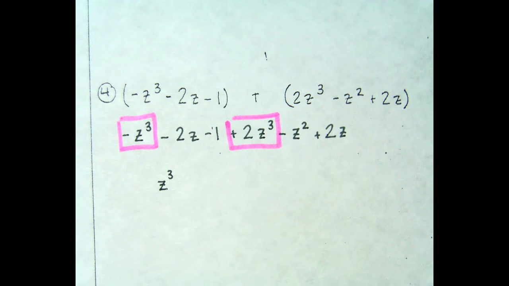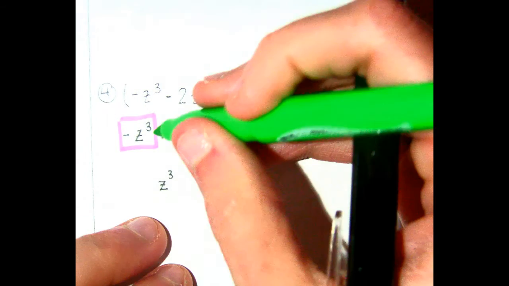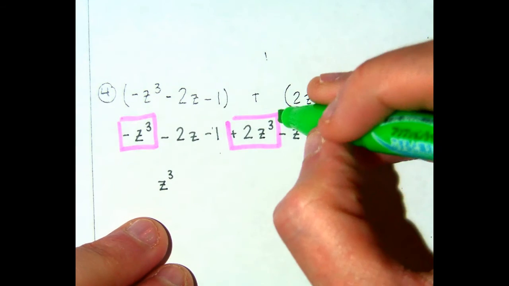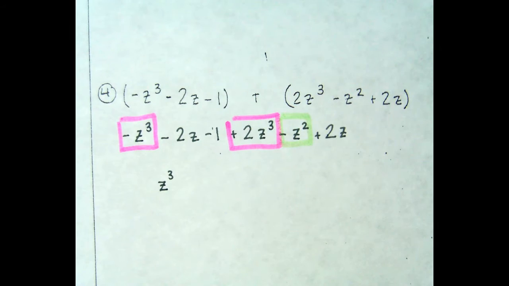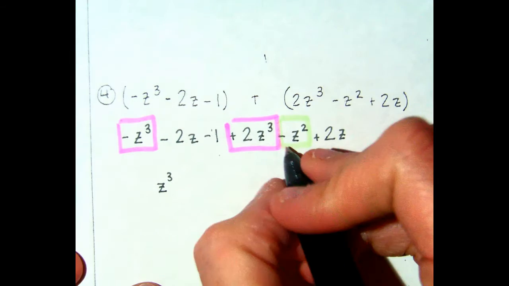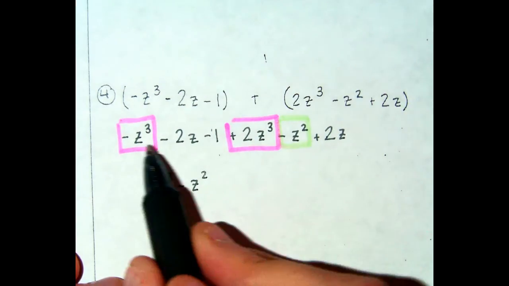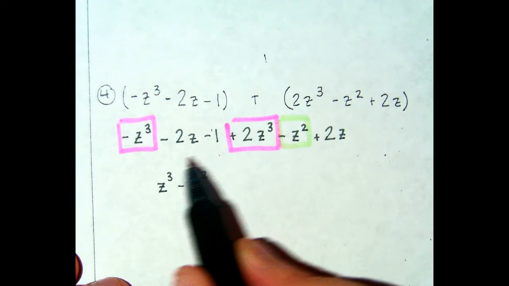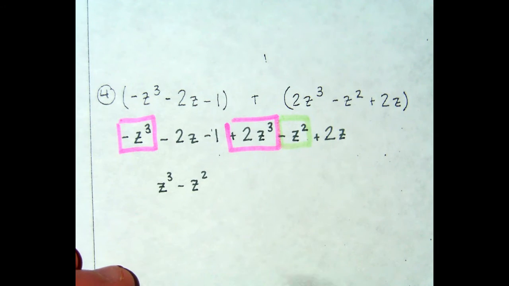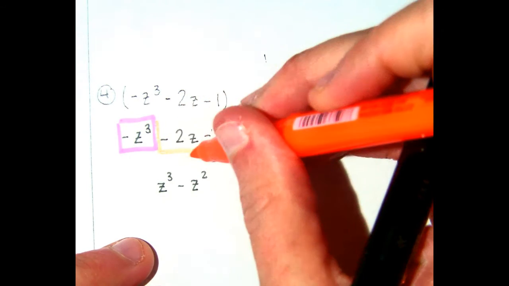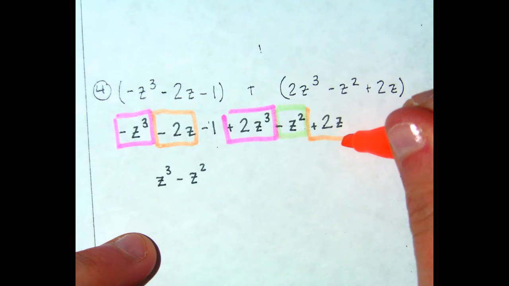Then what else? Negative z squared? Okay. Does it have a like term? No. So what do I do with it? Okay. Some people like to do that. They like to go in standard form to begin with. You get to choose what you want to do. Alright, what else? Okay, negative 2z, positive 2z.